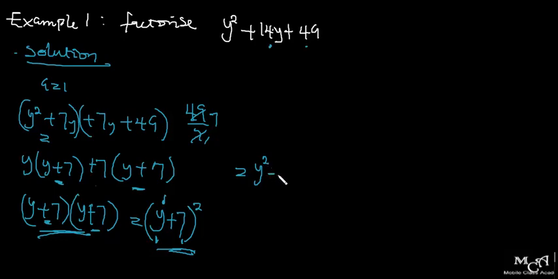Y. Then plus, because we have plus here, plus twice the product of first term and second term. What's the product of first term and second term? That's 7y. Twice the product. Plus the square of second term. That is 7 squared.